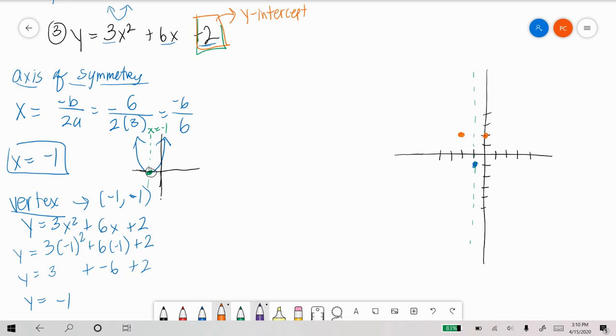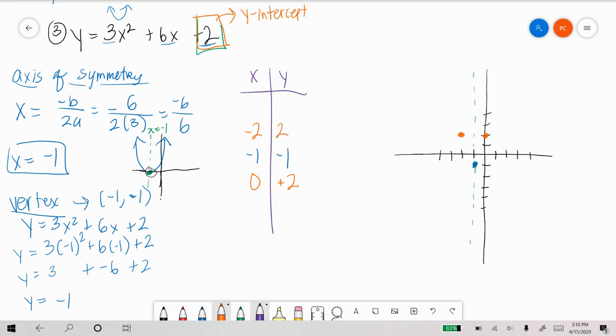Now let's see what we have so far using a table. We know that that middle point is at negative 1, negative 1. We know that the y-intercept is at 0, 2, my bad. And then if we reflected that, we went down to negative 2, positive 2.